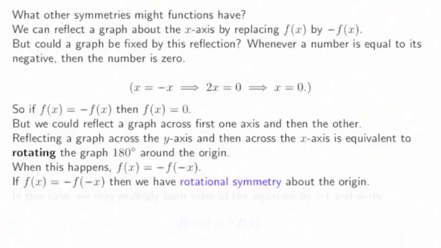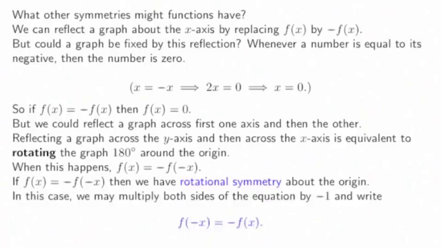If f of x is equal to minus f of minus x, then we have rotational symmetry about the origin. In this case, we may multiply both sides of that equation by minus 1 and rewrite our equation as f of minus x is equal to minus f of x.